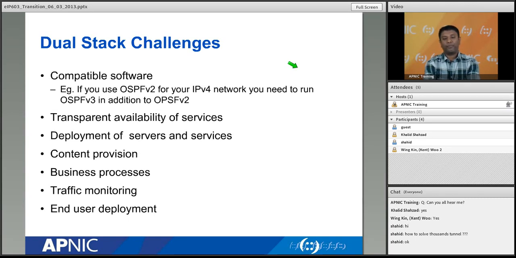Like if you have your access network in WiMAX or 3G, in your control plane and your data plane, do you have v6 support? In your network management, monitoring, and OSS, do you have v6 support? Those areas are heavily customized, the OSS, operation support system software, right? Those are the big challenges we have in dual stack deployment.